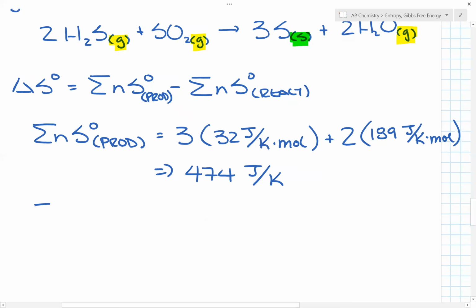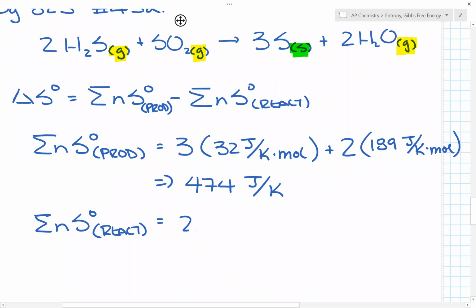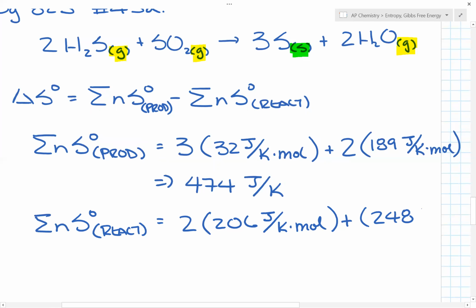If I did the sum of the entropy for the reactants, I would have 2 times H2S. So H2S, where's hydrogen sulfide? So 2 times 206 joules per Kelvin per mole, plus sulfur dioxide gas, 248 joules per Kelvin per mole.